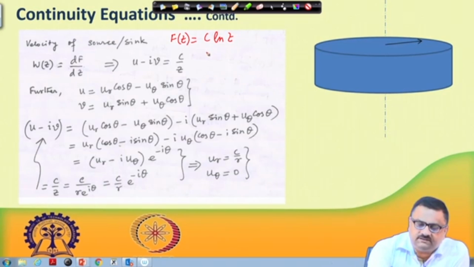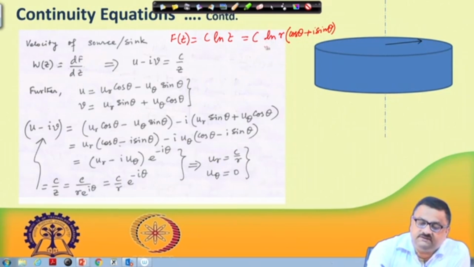You remember, in the last lecture, we wrote C of ln z, and z we have written as x plus iy, and x is written as r cos theta, and y was written as r sin theta. Then we have taken r common. So, then it was ln of r times cos theta plus i sin theta, and cos theta plus i sin theta we had written as e to the power i theta.